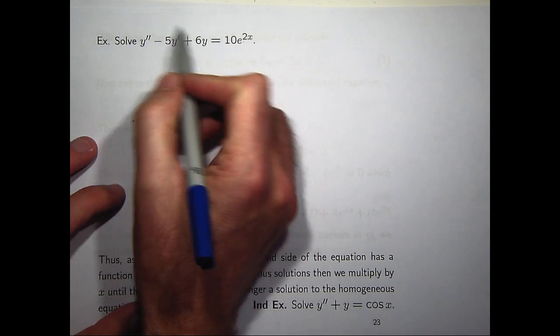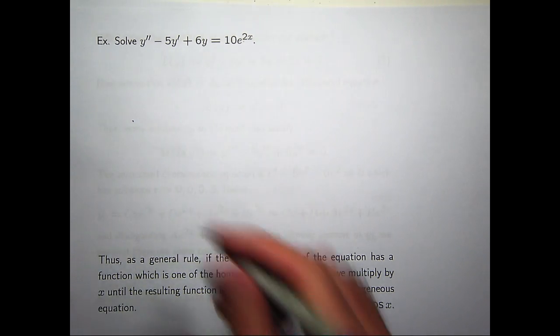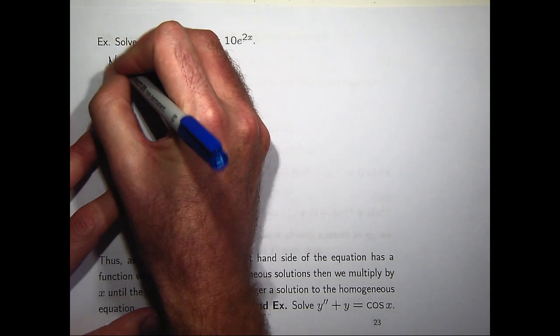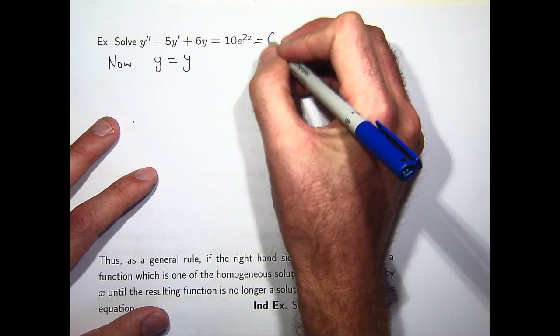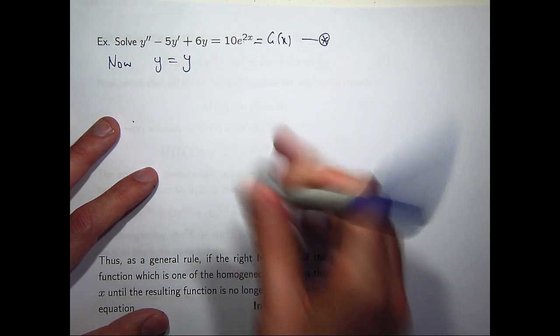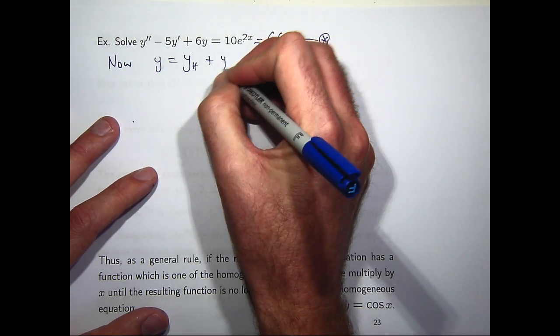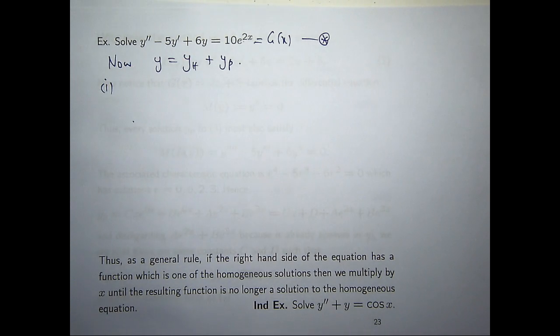Again, the homogeneous solution is very easy to calculate because we can just take it from the previous example. So here we've got a right-hand side that is, again, an exponential function, but as we'll see, a little bit of care needs to be taken here.